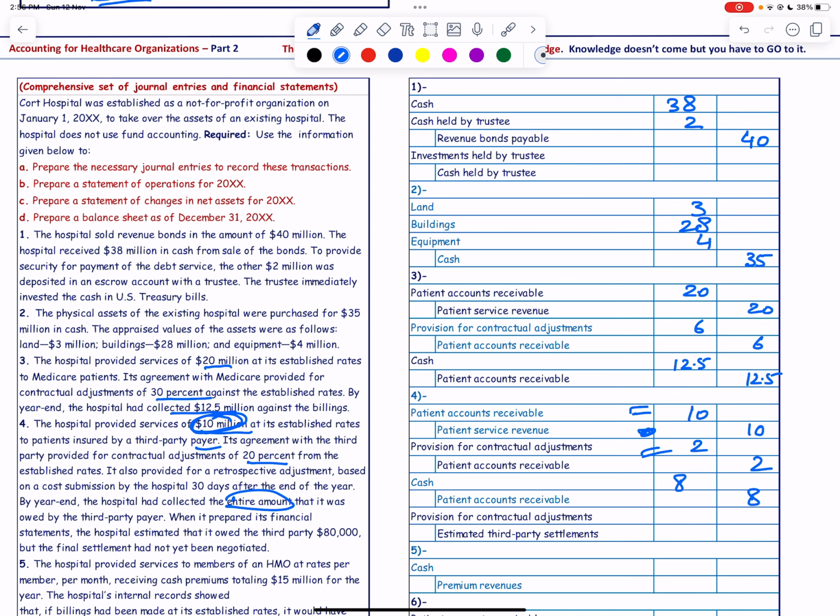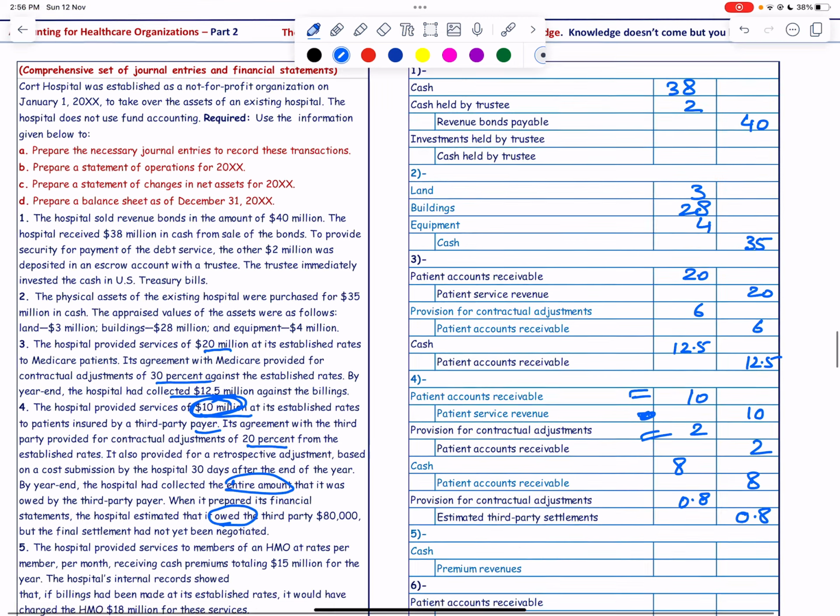When it prepared its financial statements, the hospital estimated that it owed a third party 80,000. So once again, this is a provision for 80,000. Provision is debited by 80,000, and estimated third party settlement is credited by 80,000.